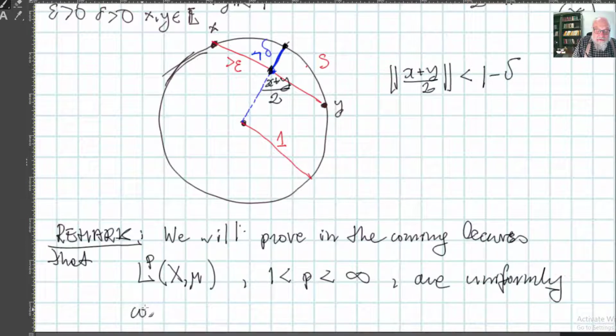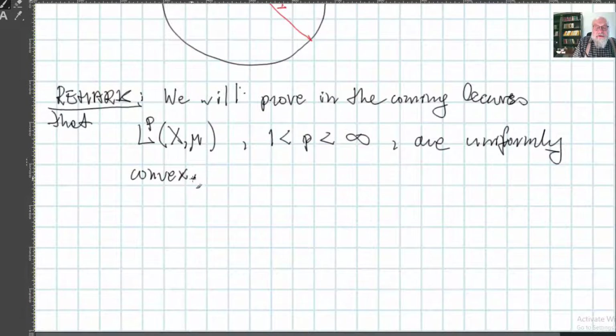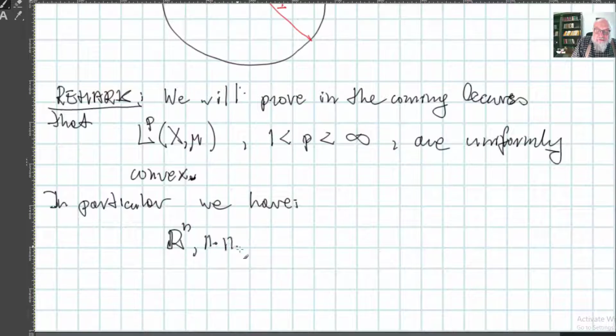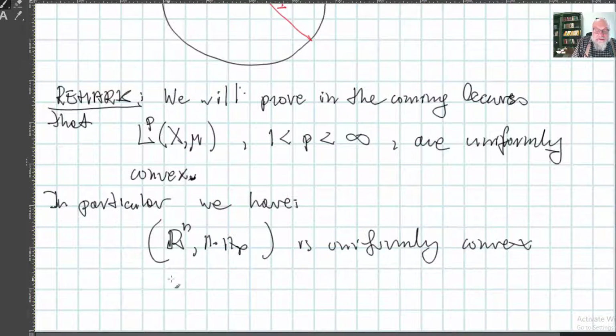In particular, Rn, as an LP space on a finite set of n elements, equipped with such a p norm, is uniformly convex, and of course small lp as well.